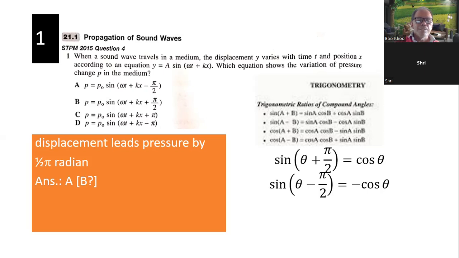They give you the displacement distance graph, then they want you to show how the pressure changes as the sound wave passes through. That's all. So the key is to remember this one: displacement leads pressure by half pi radian. So that's why I say it's A rather than B. That's the derivation now.